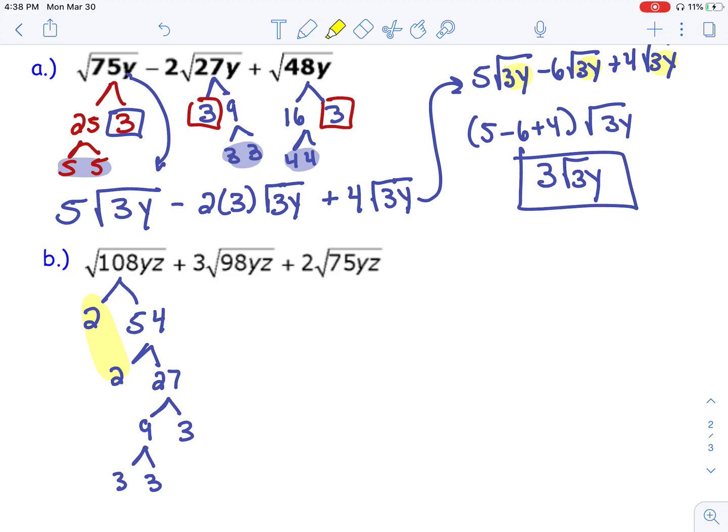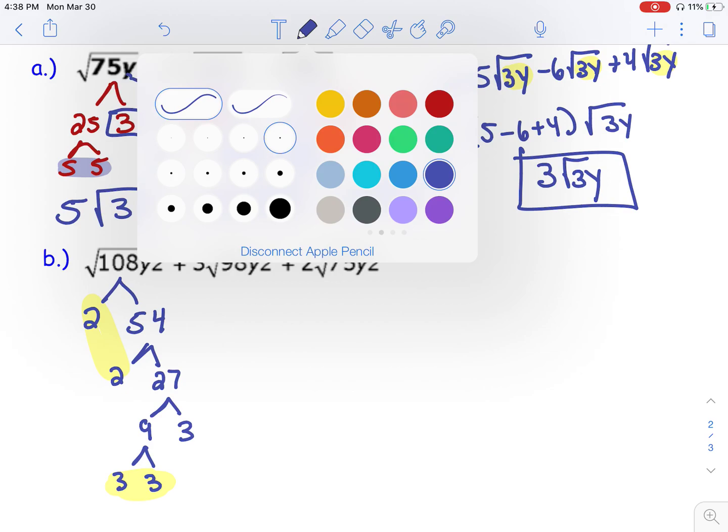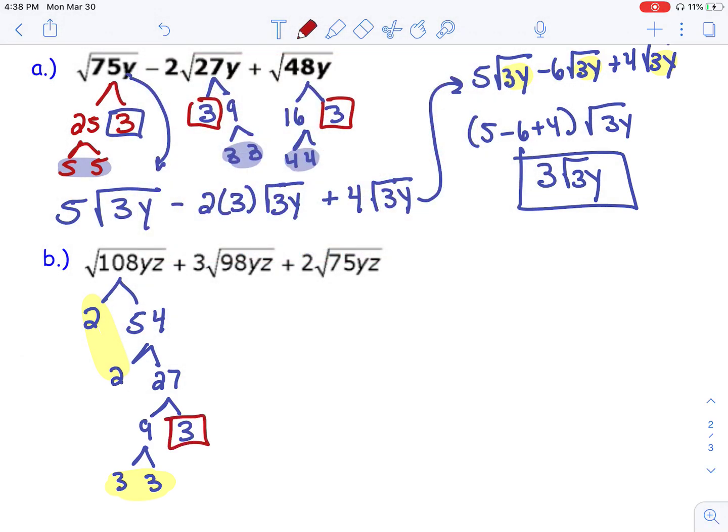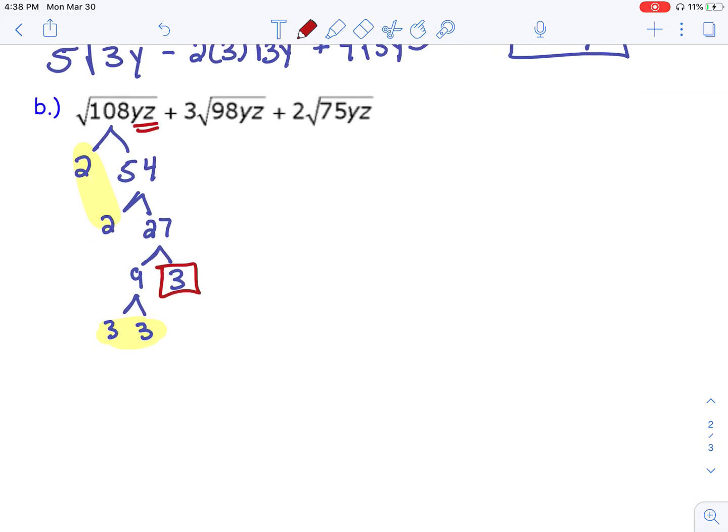I'm going to take one of the 2's out. I have a pair of 3's. I'm going to take a 3 out. I'm left with a 3 that has to stay underneath. And don't forget to bring the y z down. So that's going to be a 2, a 3 on the outside, and I'm going to have a 3yz underneath.